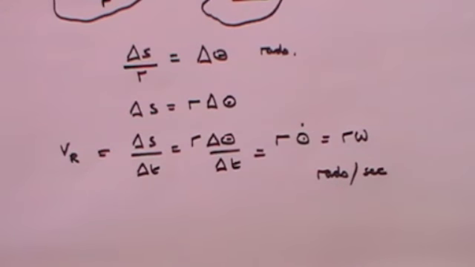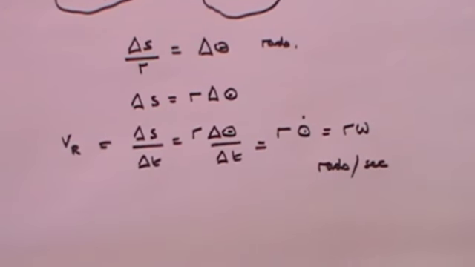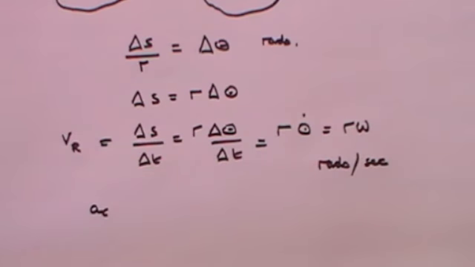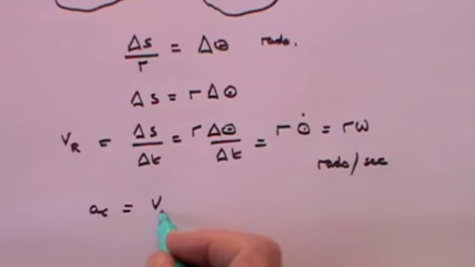In the video on circular motion A-level physics, I also showed that centripetal acceleration, which remember is the acceleration towards the centre, not the rotational acceleration, it's the acceleration which is part of the force which keeps the body rotating, is equal to the rotational velocity squared divided by the radius.